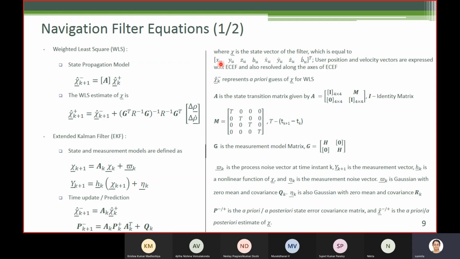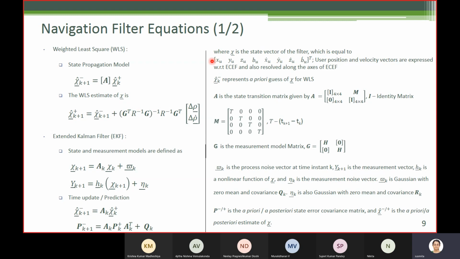How can we find whether we have converged or not? We take the difference between the current estimate and the previous estimate. If the difference is less than some tolerance, we say that convergence has happened. In case of GNSS, generally with some 5-6 iterations, it is possible to converge. In case we do not have any information about the user position, we can start with 0.